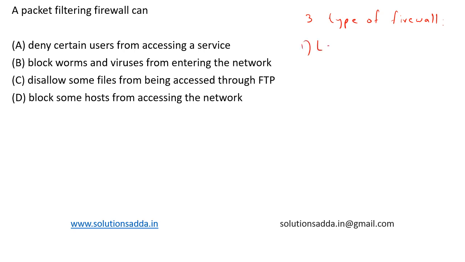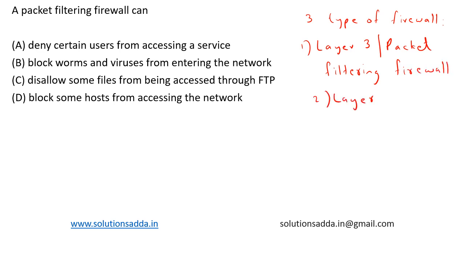First one is layer 3 or packet filtering firewall. Second one is layer 4 and third one is layer 5 or proxy firewall.